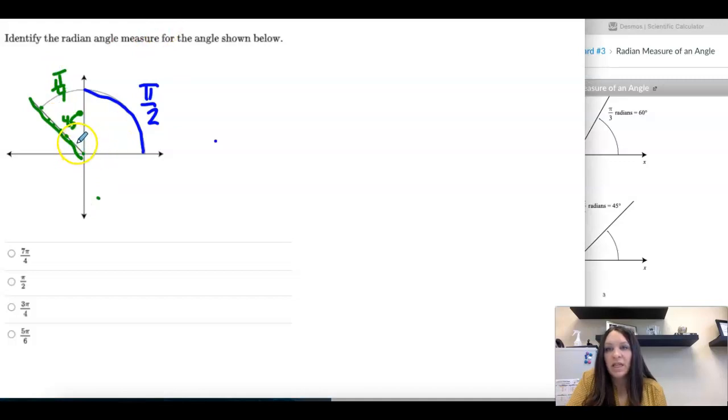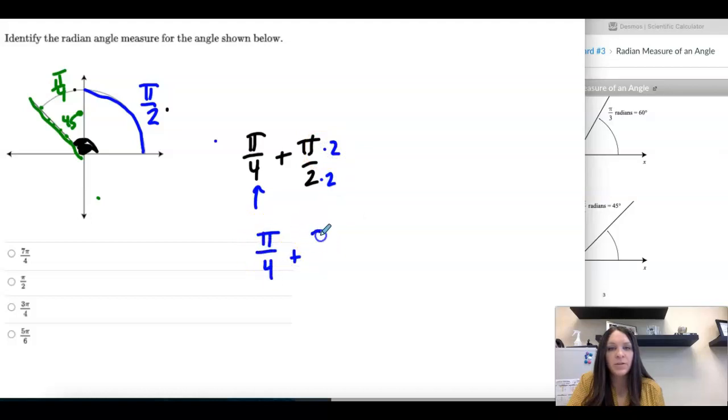So if we want to find this angle in radians, we're going to add these two. We're going to do what we did on the first problem. We're going to get a common denominator, which is 4. So I have to multiply the first one by 2.